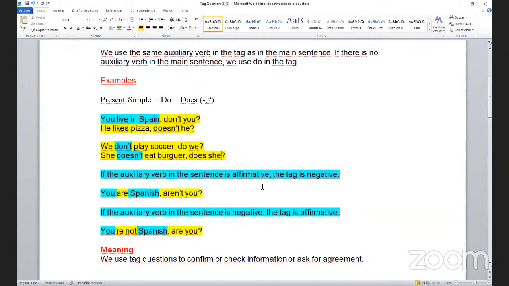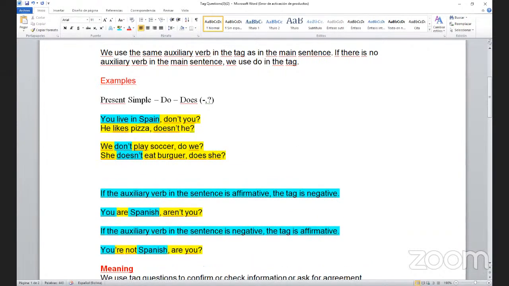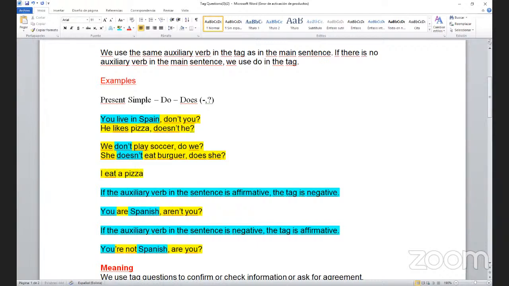Perfect. What happens now if I use simple past? This was in present. For example, I ate a pizza yesterday.